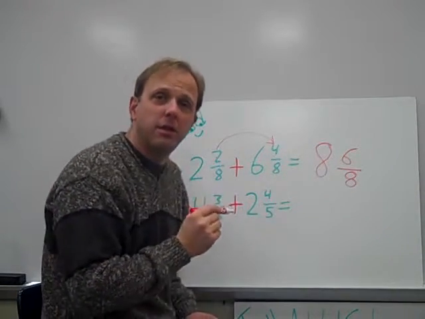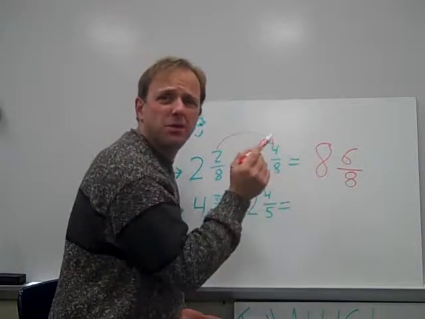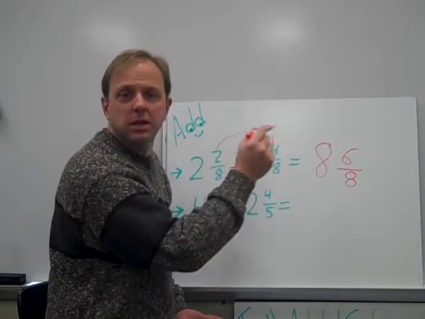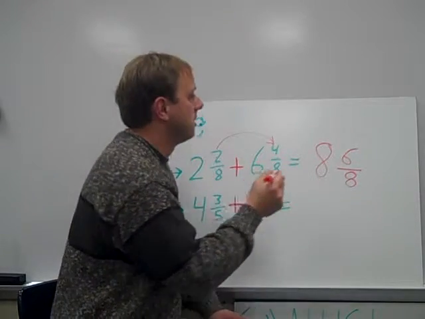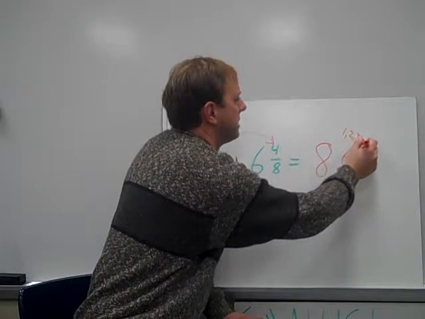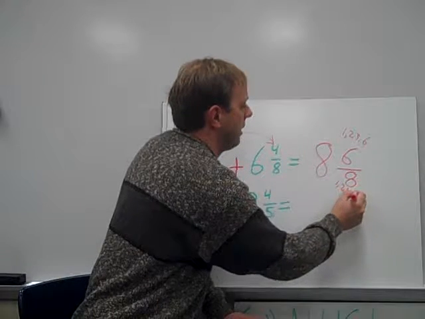Now when I'm looking at this, I see again that I have 2 even numbers. If I have 2 even numbers, I generally can make a smaller, simpler fraction. So my factors for 6 are 1, 2, 3, 6, and for 8 they are 1, 2, 4, and 8.